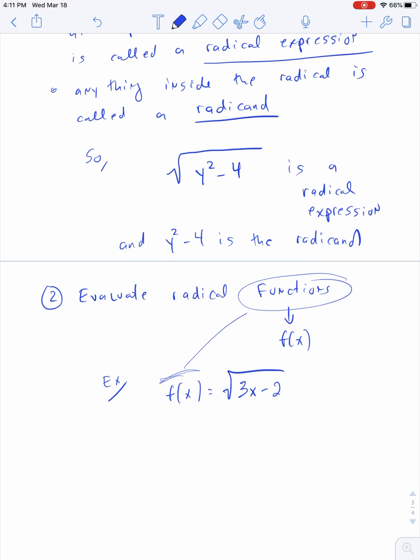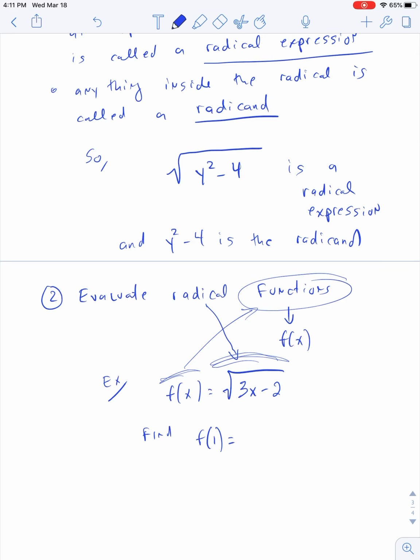Once again, f of x makes it a function. This notation of that square root makes it a radical, right? So I tell you that our function, f of x equals the square root of 3x minus 2. I want you to find what f of 1 equals.